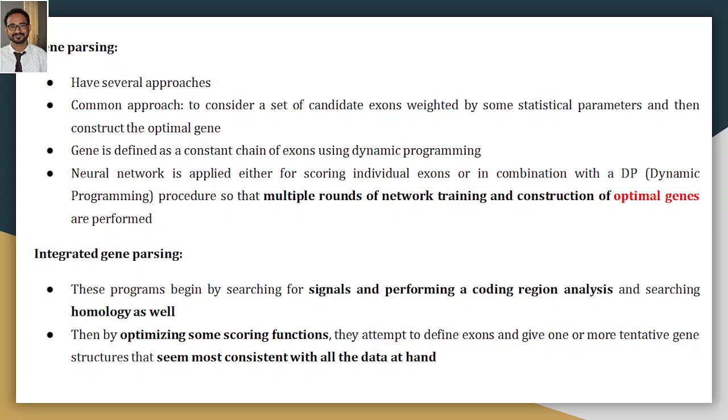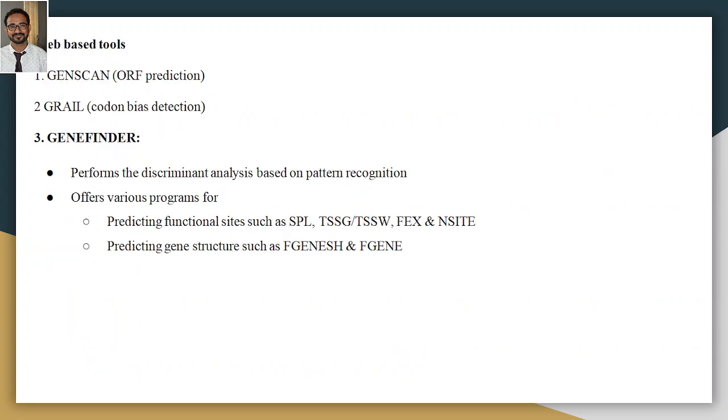That means, based on whatever data is available, this represents the best, optimal gene. That is why it is called integrated gene parsing, because you are optimizing based on all the data available at that particular time.